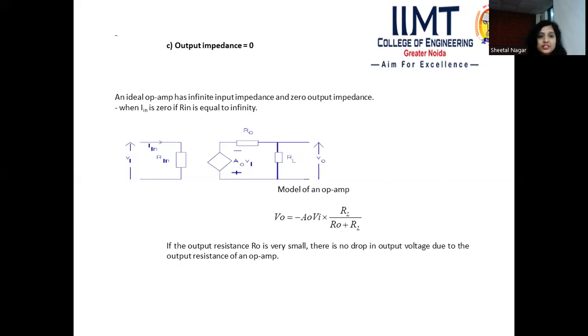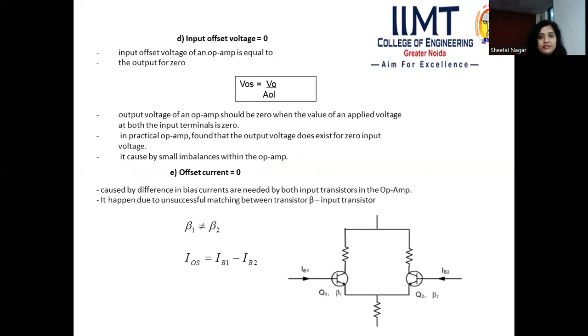An ideal operational amplifier has infinite input impedance and zero output impedance. If the output resistance Ro is very small, there is no voltage drop due to the output resistance of an operational amplifier.